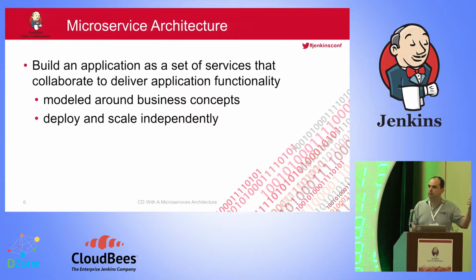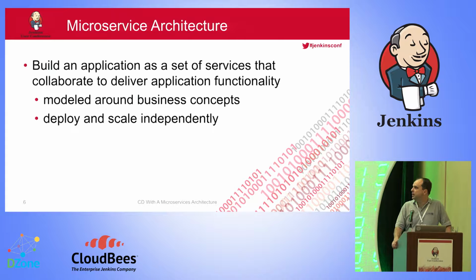Now, continuous delivery is a great approach. What happens when we layer on top of that a microservices architecture? It's pretty popular in the development community right now to develop applications as a microservices architecture.